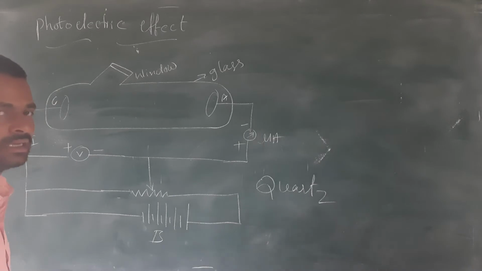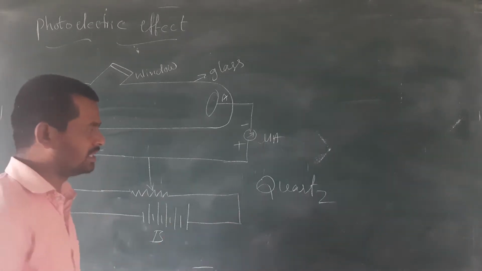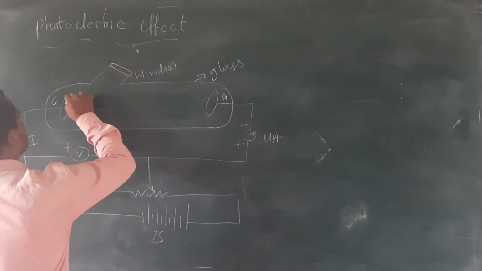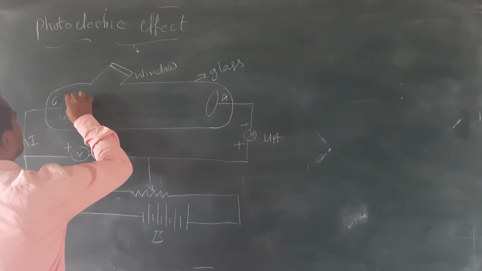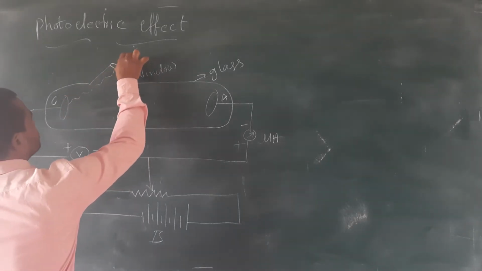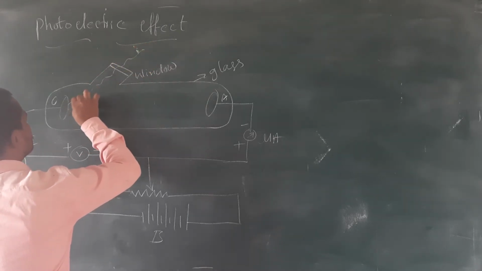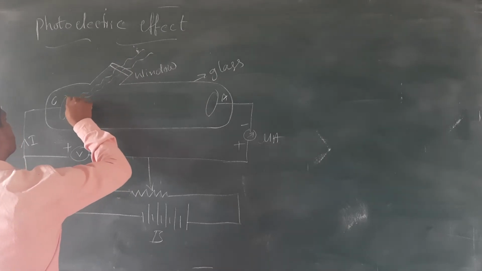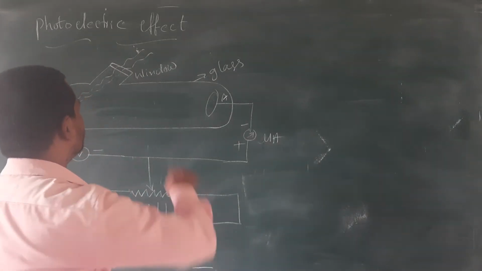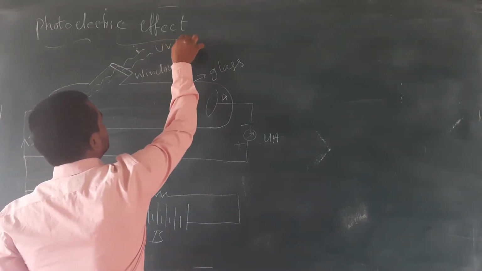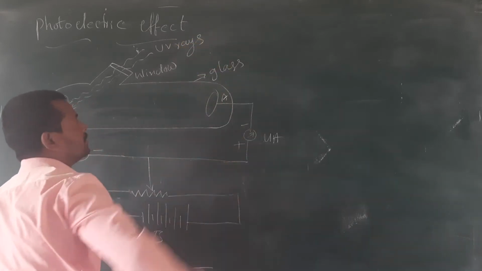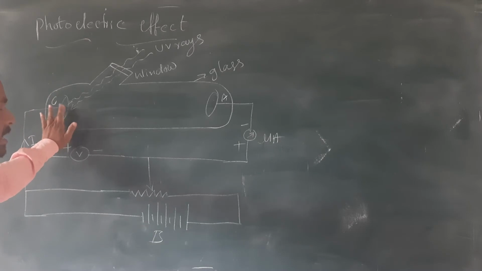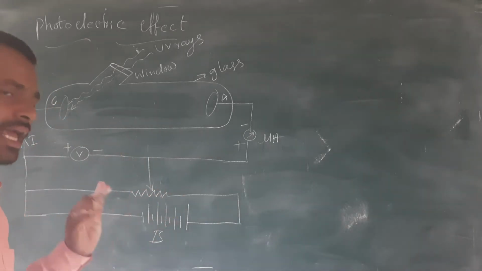And now see here, let me allow the UV rays only. Here I am going to take UV rays. Let UV rays be falling. So when UV rays fall on the cathode, it produces electrons.